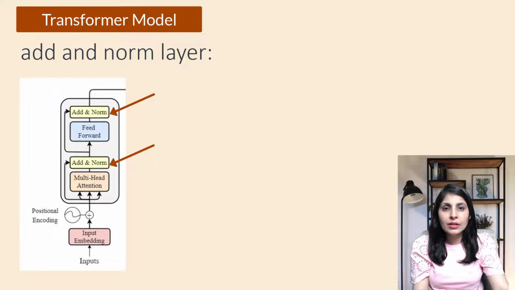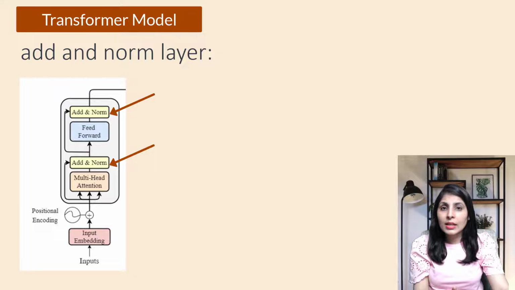The add layer, also known as residual connection or skip connection, performs element-wise addition between the output of the previous layer and the output of the attention or feed forward sublayer. The purpose of this addition is to preserve the original information from the previous layer, while allowing the model to learn and update the new information captured by the sublayer.